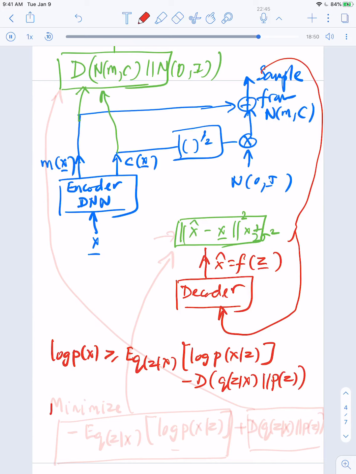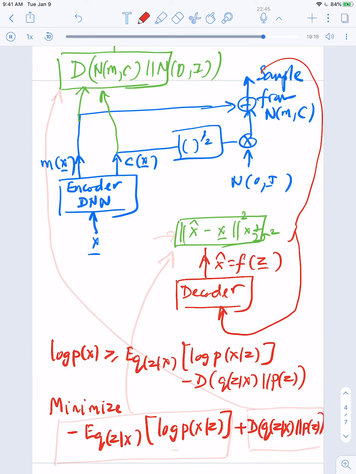So what I'm really trying to minimize is a negative log likelihood, and instead I'm going to minimize this variational lower bound. So what I'm really trying to minimize is minus the expectation of Q of z given x log of P of x given z, and then plus this divergence term Q of z given x, P of z, right?